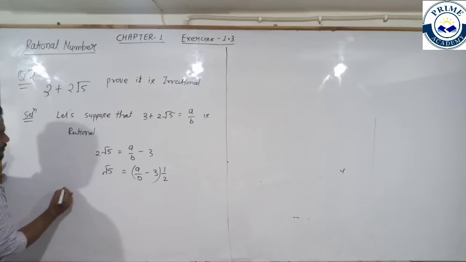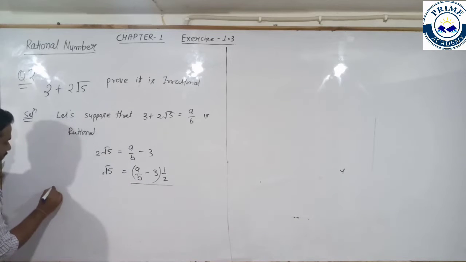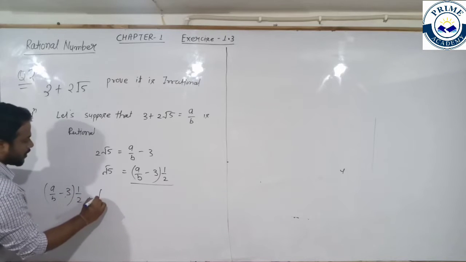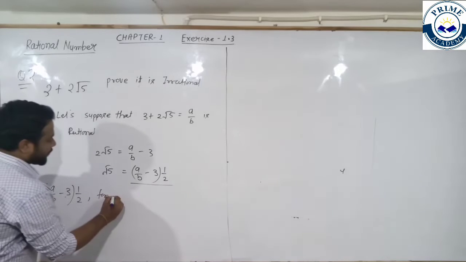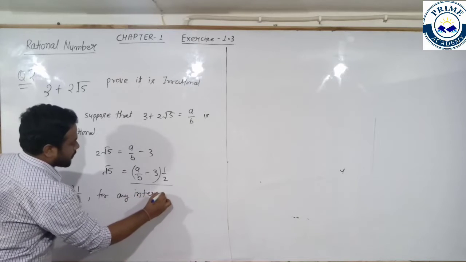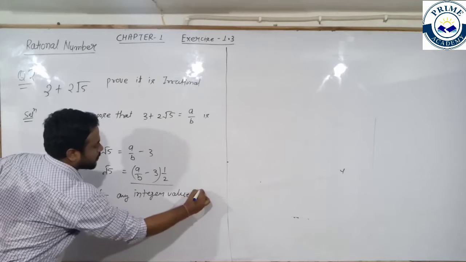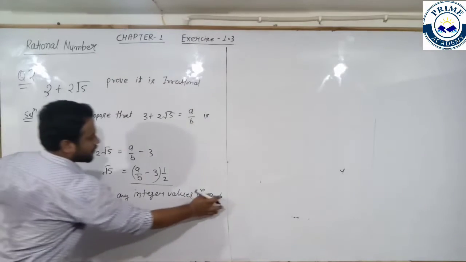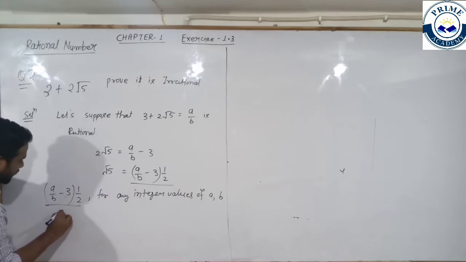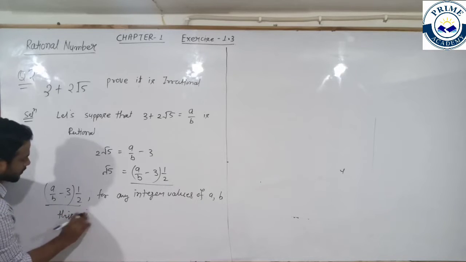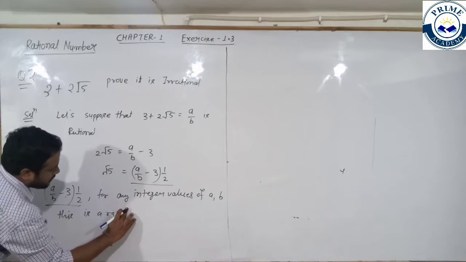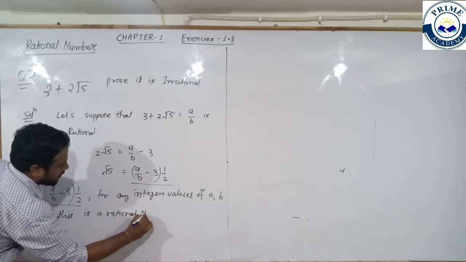That means, the term here, you just observe, (a by b minus 3) upon 2, for any integer values of a and b, this is a rational number.